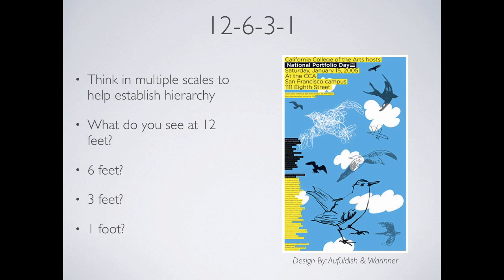If we look at just the text, oh, this is about National Portfolio Day. In this particular example, I'm not the biggest fan of the background. I think it's a little too dominant, and I don't think it directs your attention particularly well. But we know it's National Portfolio Day. Then we move to the yellow text. We know when it is and where it is. Then we move into the sub-sub elements below that. So again, a nice strong hierarchy.